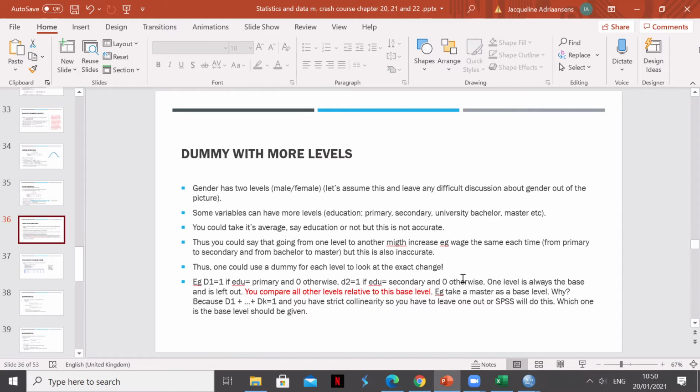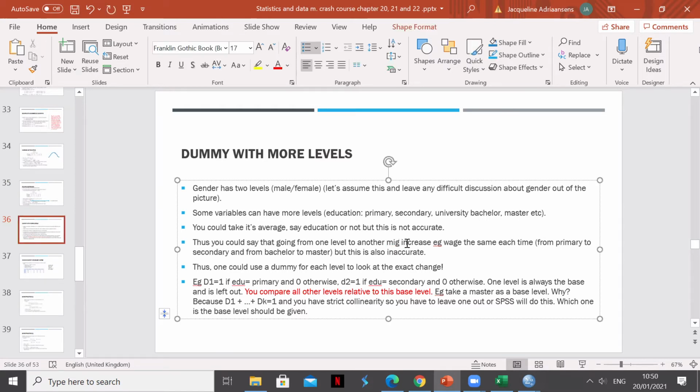You could also say that going from one level to another might increase, for example, wage the same each time. So going from primary to secondary school, your wage goes up with 2 euros. And going from bachelor to master, it also goes up with 2 euros, if that's your average. But of course, this is also inaccurate.